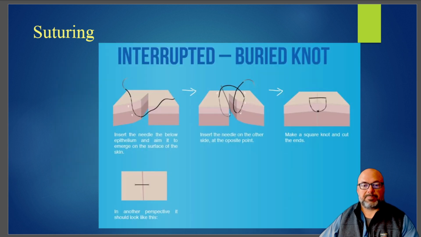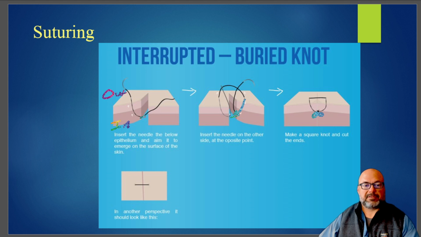To compare that to a buried knot, we're going to start down here. You start off with in and come up to out. So in to out with this first bite, and then the next bite, which they're showing here, is out to in, and then you've got your two free ends, so to speak, down here buried in the tissue, and that's where you tie your knot.